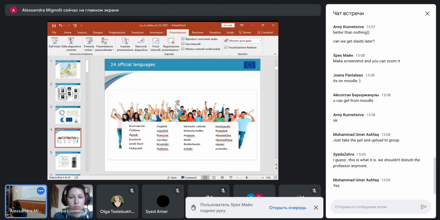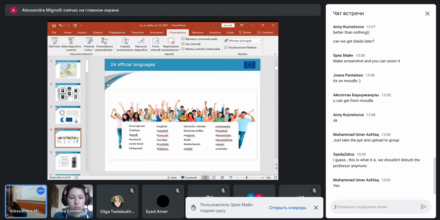And this is also reflected in the fact that the European Union does not have one official language or two, but it has 24. These are all the official languages of the member states.